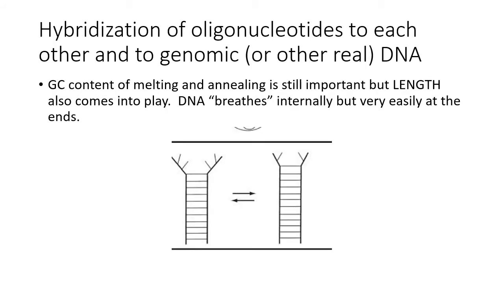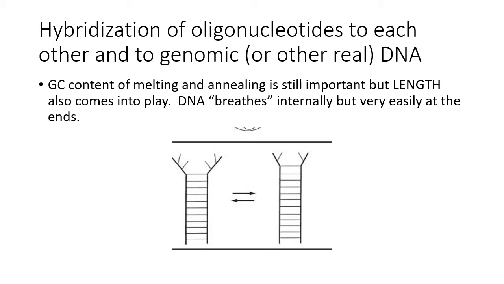The other issue that comes into play when you're taking a short oligonucleotide, 20 nucleotides in that range, to a genomic DNA, is that the fact that they are short alters the way that they melt somewhat. The GC content is still important, but the length does come into play, and that's partly the result of a phenomenon called DNA breathing, where the ends of the molecules will fray and start opening up spontaneously, even under very mild conditions.